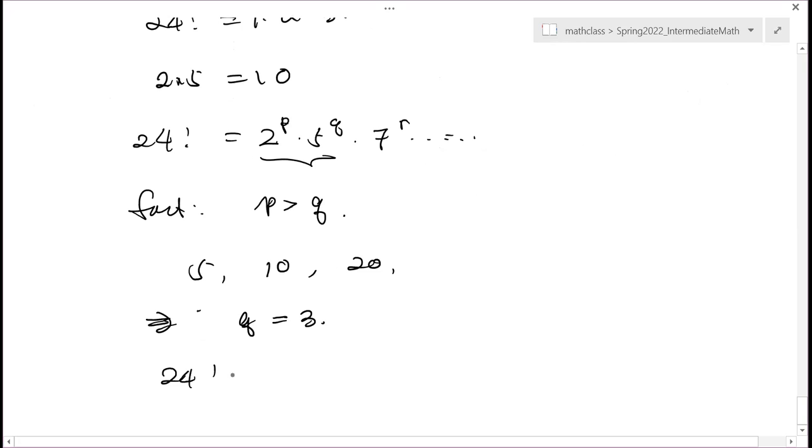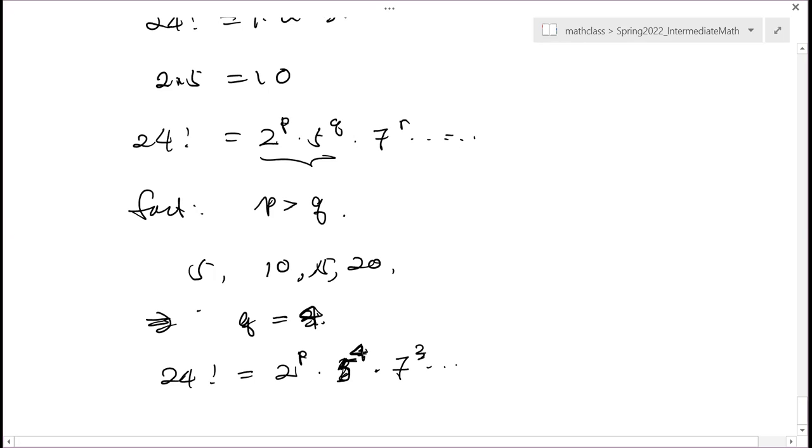So 24 factorial is 2 to the power p, times 3 to the power something, times 5 to the power 4, and 7 cubed, since 7, 14, and 21 are multiples of 7. And 5, 10, 15, 20 are the multiples of 5, so I'm sorry for that earlier mistake.